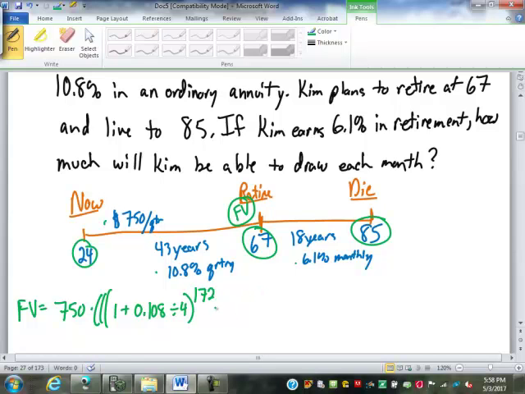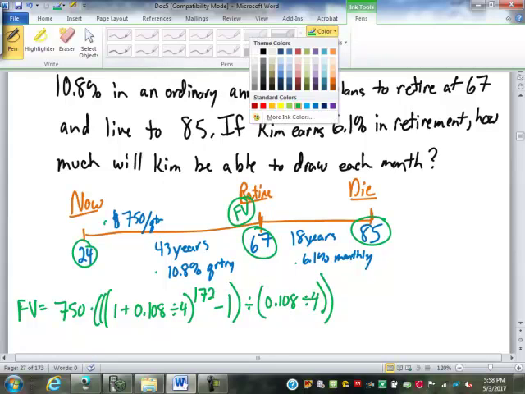To the 172, good. Minus 1. Divide by 4. Close, close. We're accumulation, so there's no extra term there.